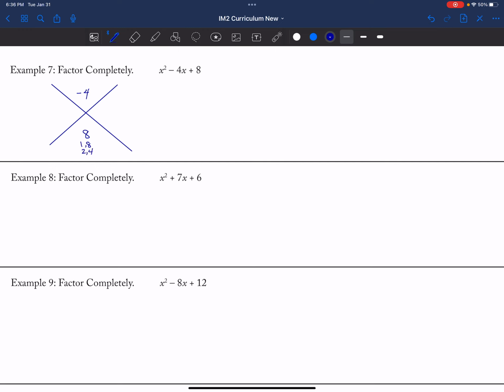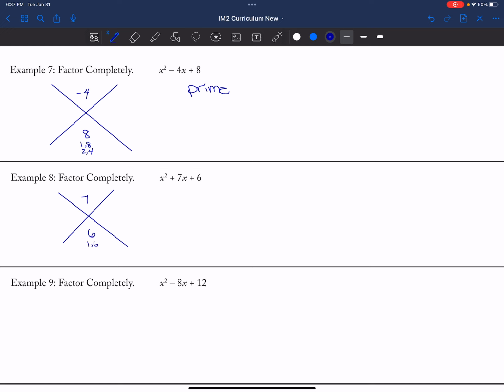Okay, so there are no factors of 8 that give me negative 4. So this is what we call prime. Okay. So if I don't have two numbers that multiply to give me 8 that add to give me negative 4, it does not work.